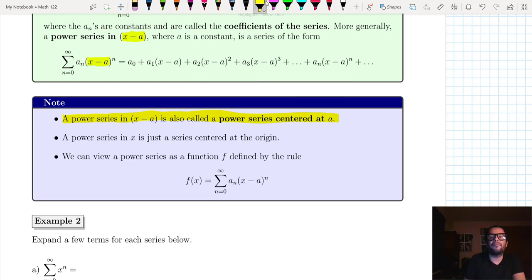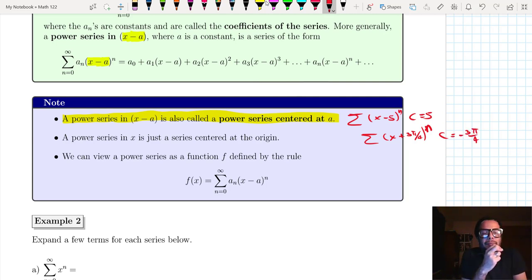For example, if we have some sigma whatever x minus 5 to the n, this is centered at 5. If we have some sigma x plus 3 pi over 4, for example, like a trigonometric one, to the nth power, it is centered at negative 3 pi over 4, as you will see more in detail when we get to the examples.